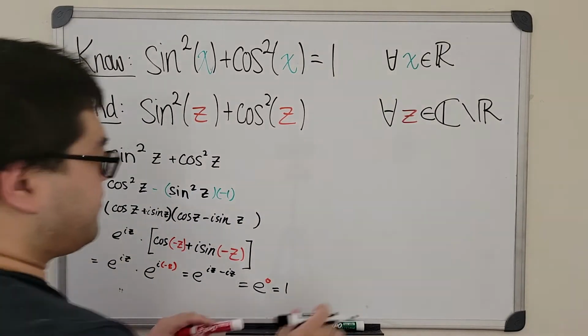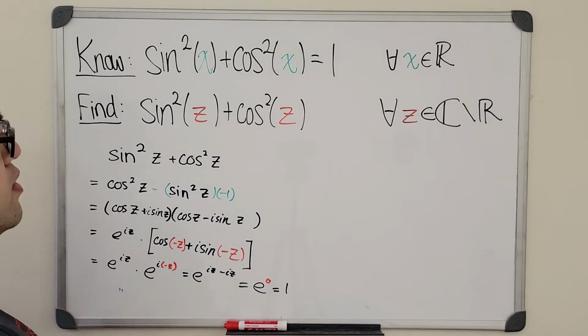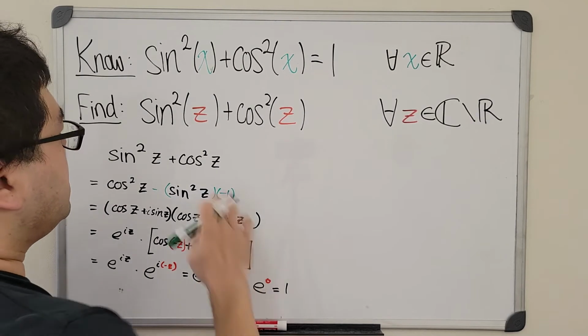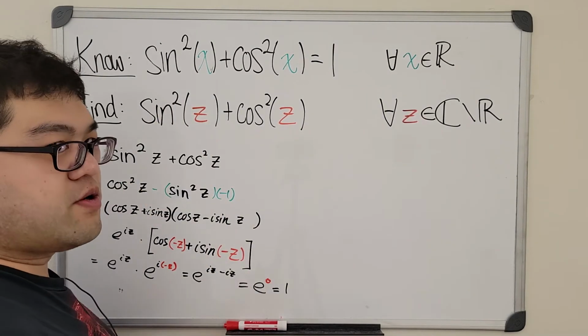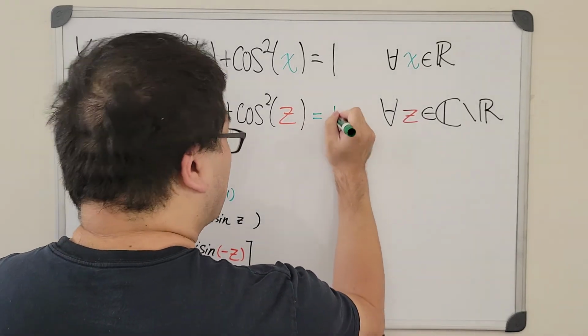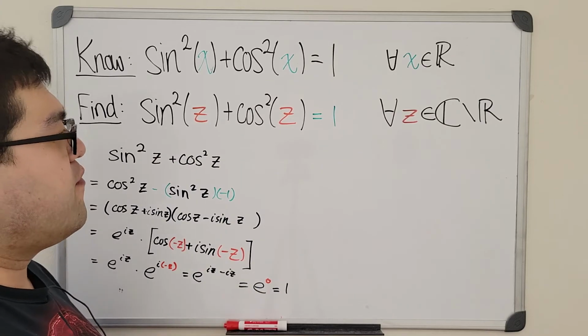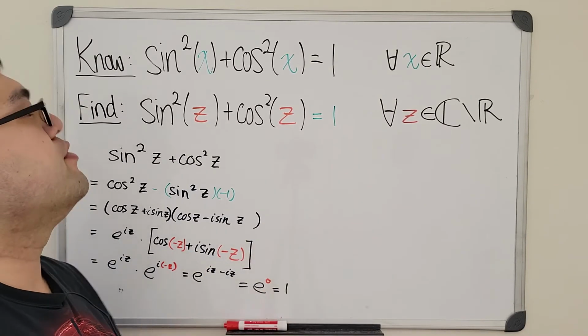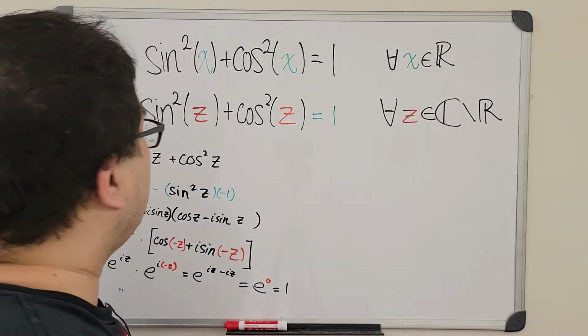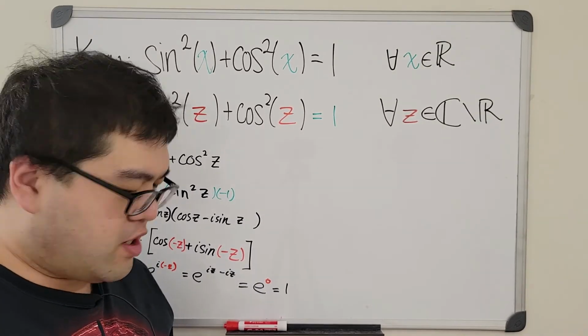And therefore, our answer is that sine squared plus cosine squared is also equal to 1 even if the angle or the input that we have becomes a complex number. All right. Pretty cool, huh?